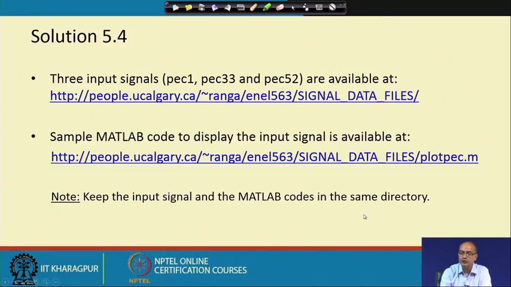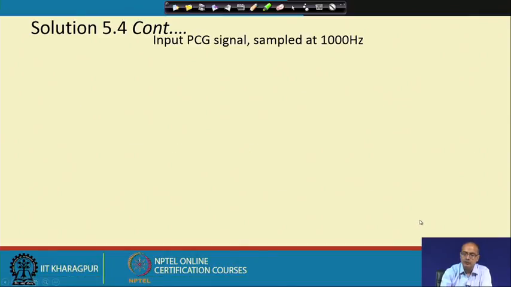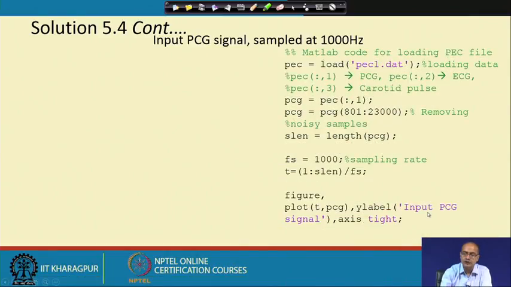First we download the signals and that MATLAB file plot_pcg.m, which is required to read those files, and we keep them in the working directory of MATLAB. Okay. Now, first thing is to input that signal and first appreciate it by seeing the plot.